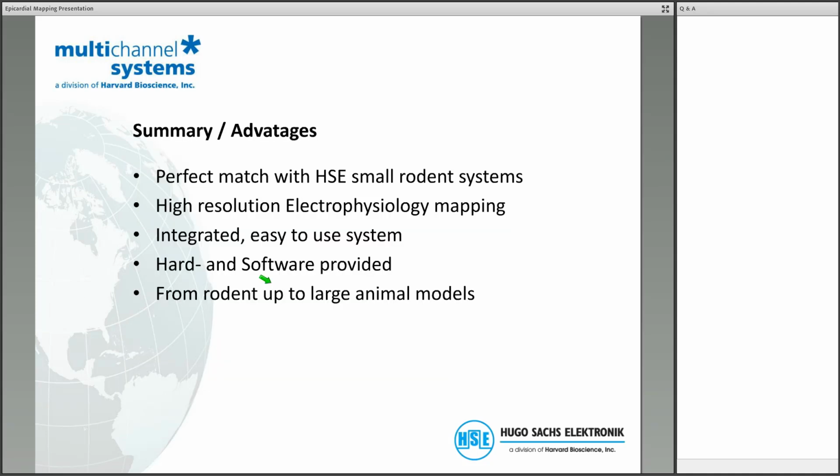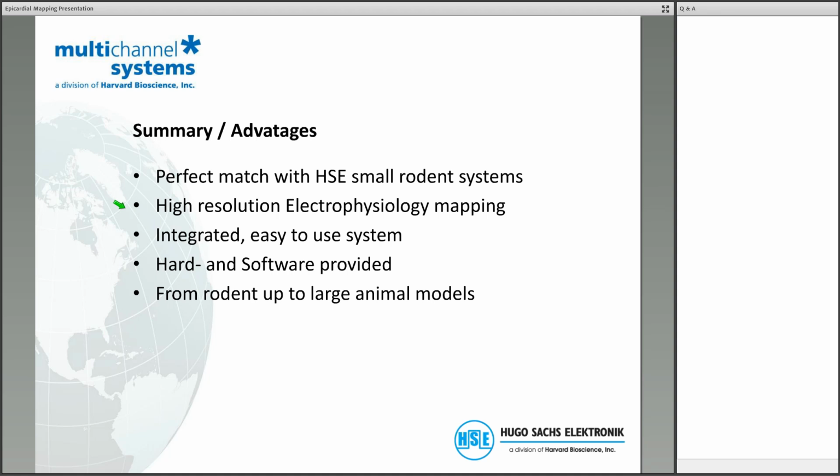So let me come now to a summary to sum up what I just talked about. I think the systems from Hugo Sachs Electronics for small rodents really match very nicely with our, especially the smaller systems for 32 recording electrodes, and the higher resolution electrophysiology mapping that we provide with our technology gets you some additional information.